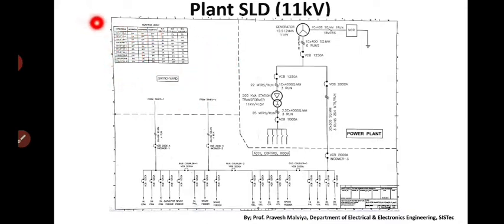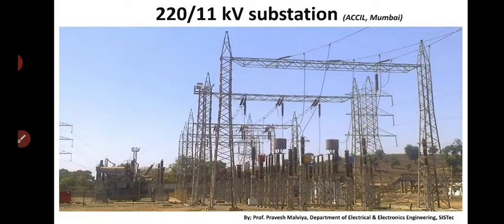This substation will step down 220 kV to 11 kV. This is the actual view of the substation, the 220 by 11 kV substation. Here we can see various equipment installed in this substation, and there is a huge giant transformer.